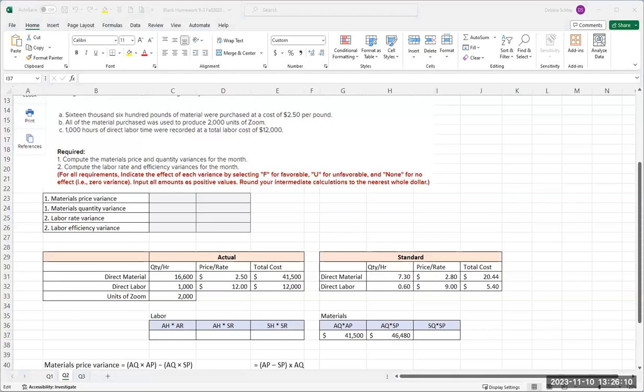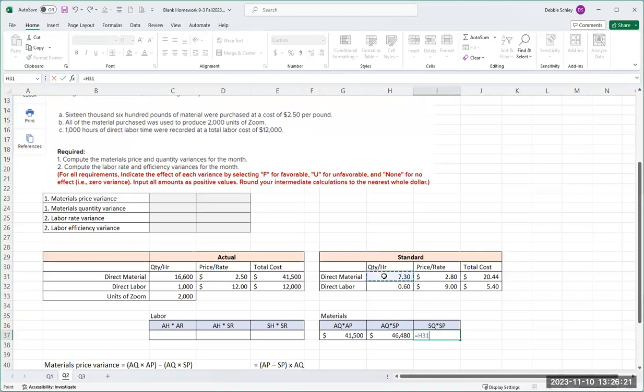Standard quantity. Oh, that's right. Okay, sorry about that. So I'm going to take my direct material pounds per unit times my price or rate, which actually I could have referenced this cell, but I'm just going to do it in 3 so that you remember sometimes it takes a step to get SQ.